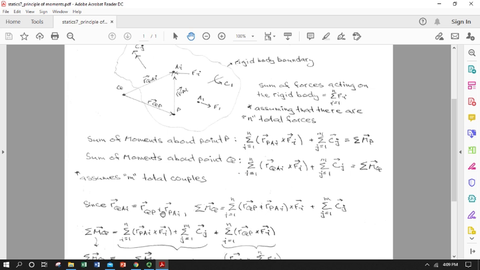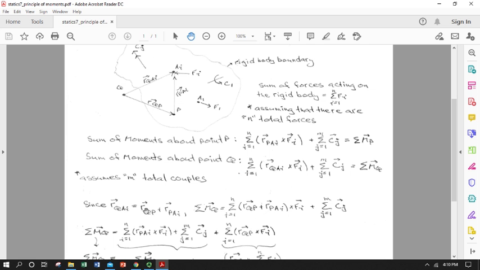Let's look at the relationship between the radius vector from point P to all these different points on all these different lines of force, and let's compare it to this R Q sub A i, because that's really the only thing different about these two expressions, those radii from the points of interest to the points on the lines of force. Maybe if we found a relationship between those, we could find a shortcut.